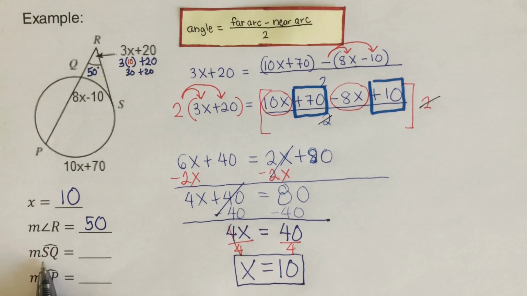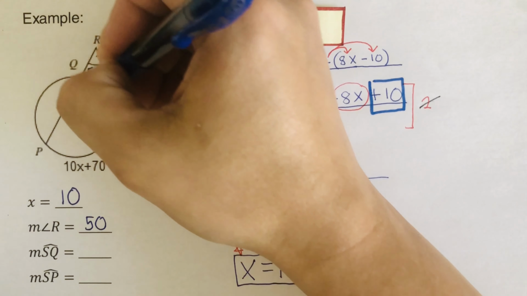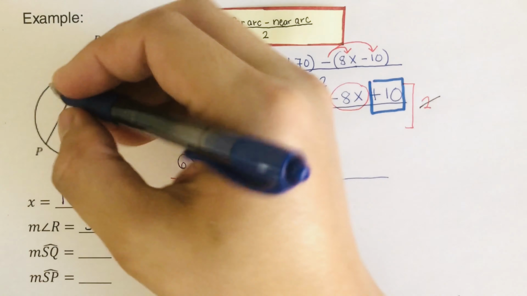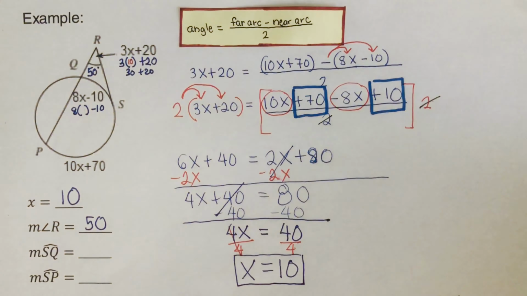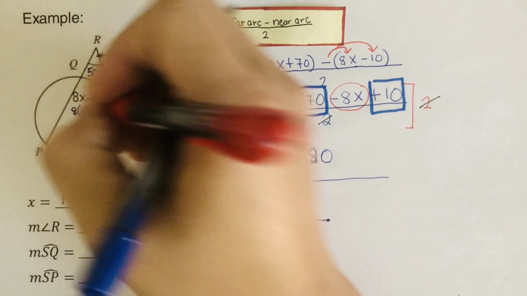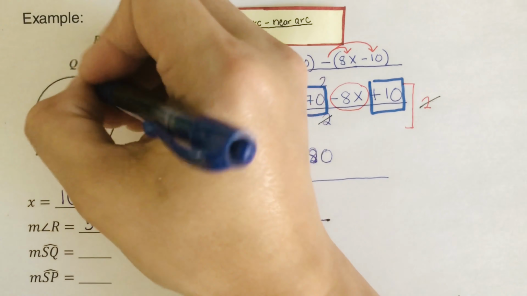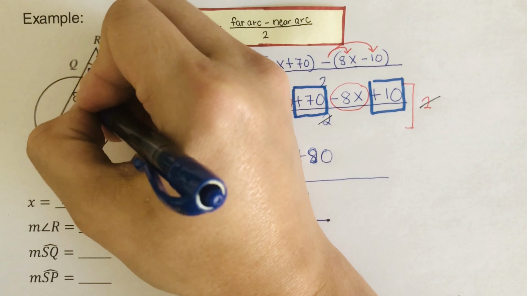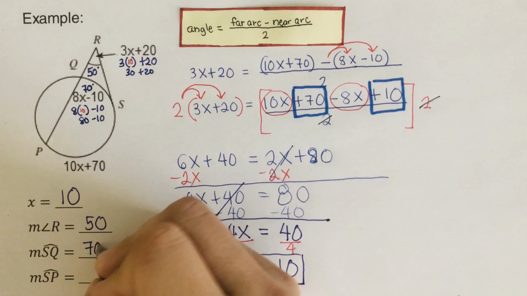Now we're looking for the measure of arc SQ, this arc right here. To do that, we still have to plug it in. So that would be 8 times 10, which is 80, minus 10 is 70. So this near arc is 70 degrees. So SQ is 70 degrees.